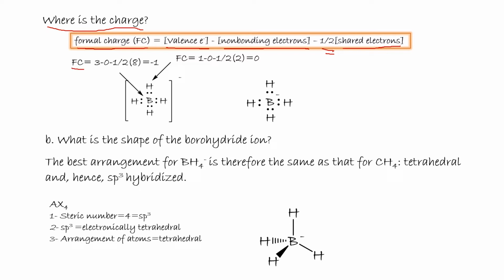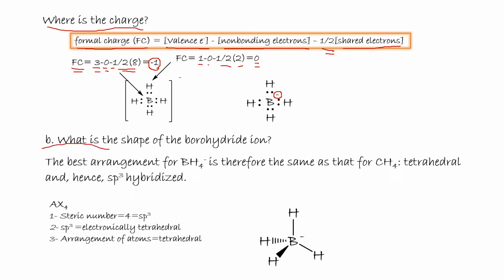For the boron, we have valence electrons 3, no lone pair, minus half of the 8 shared electrons, so the total will lead to the negative 1 charge. For the hydrogen, 1 minus 0 minus half of 2 equals 0. So the charge will be located on the boron.